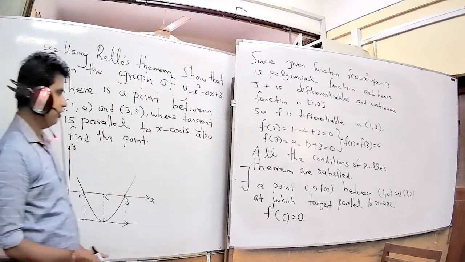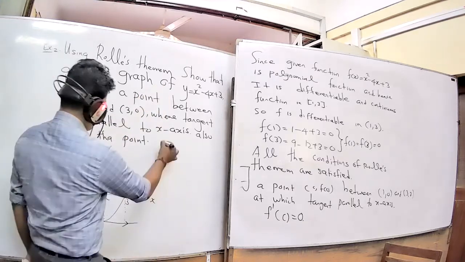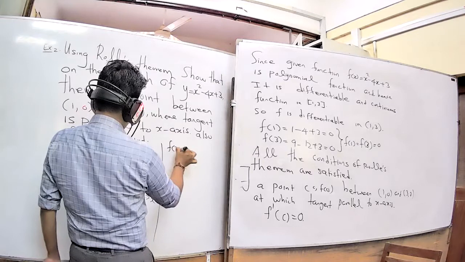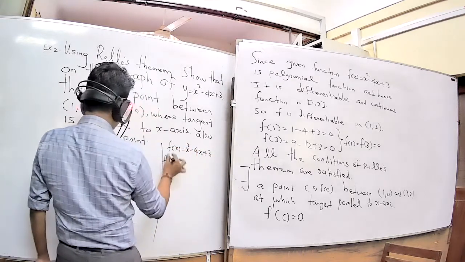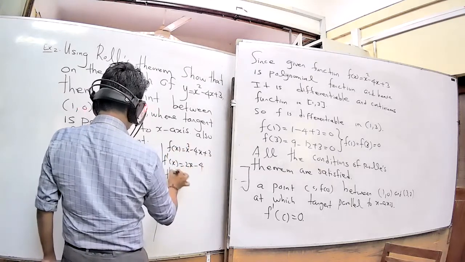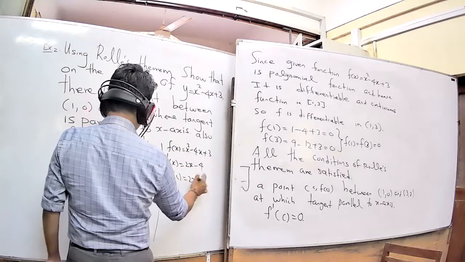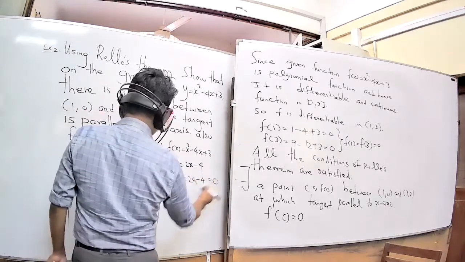So first you have f of x equals x squared minus 4x plus 3. Take the derivative, put the point C, and equate it to 0. Therefore C is 2.